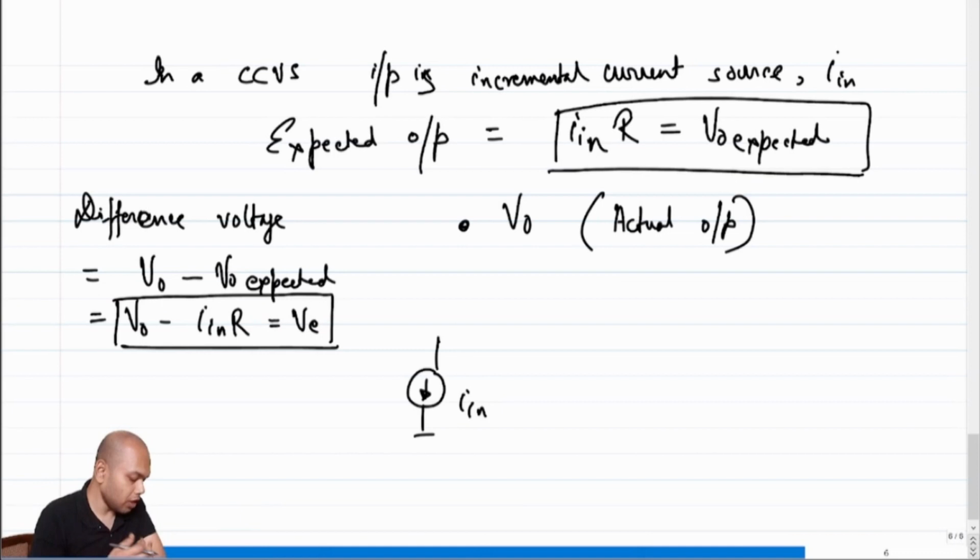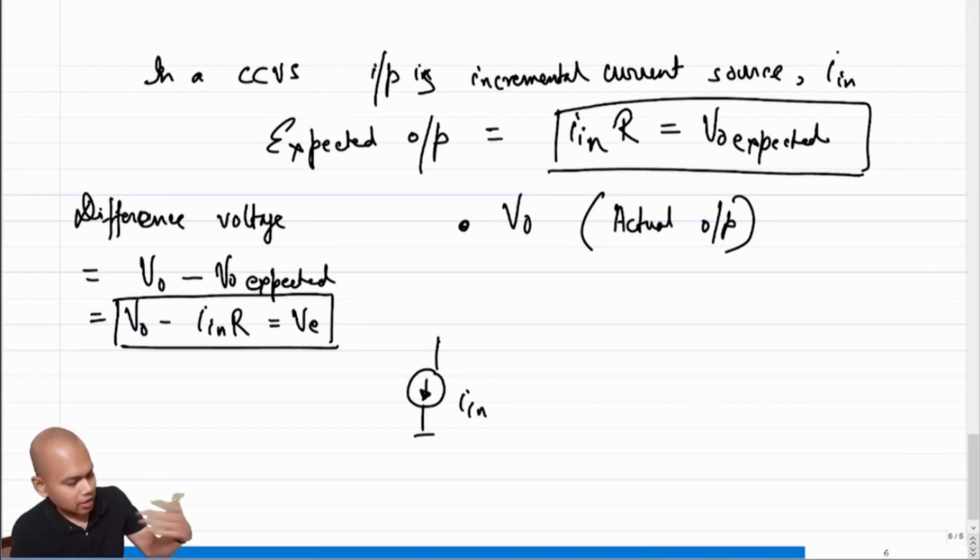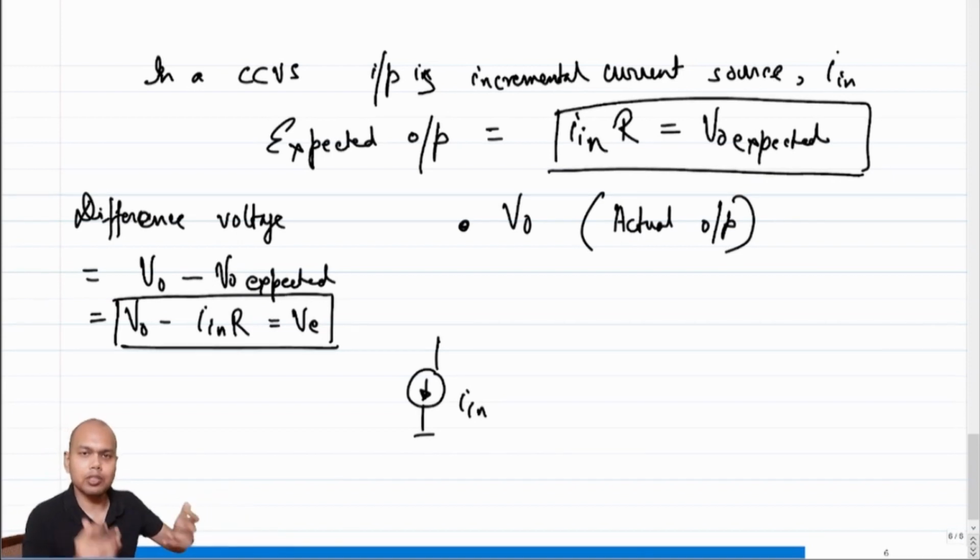The goal is to make V0 equal to I in times R. If we achieve the goal successfully, then the error voltage will go to 0. And if it doesn't go to 0, it is essentially implying that we haven't been able to successfully make a current controlled voltage source which is supposed to give an output of I in times R. That's all it's saying, right? Hence the nomenclature error. So ideally we should arrange our circuit in such a way that the error voltage goes to 0. Okay, fine. So let me also write it down.